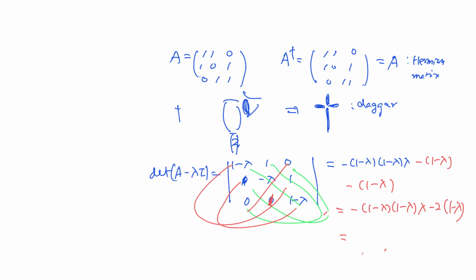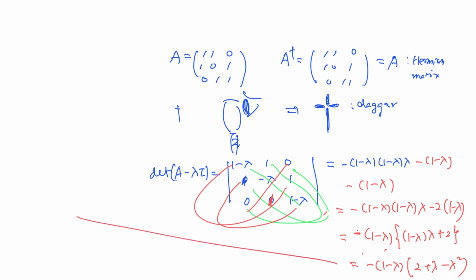Okay. So minus 1 minus lambda, 1 minus lambda, lambda plus 2. Minus 1 minus lambda, 2 plus lambda minus lambda square, right? So it becomes 1 minus lambda, lambda square minus lambda minus 2, which is 1 minus lambda, lambda plus 1, lambda minus 2.